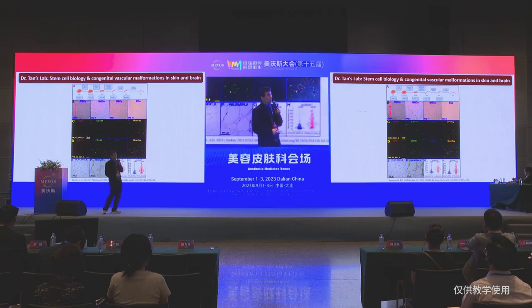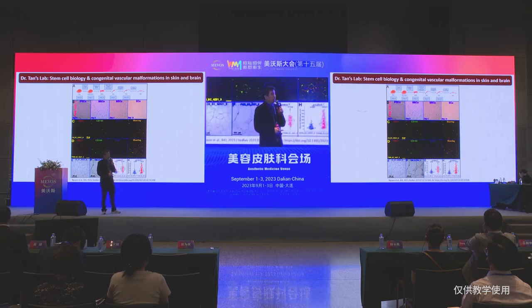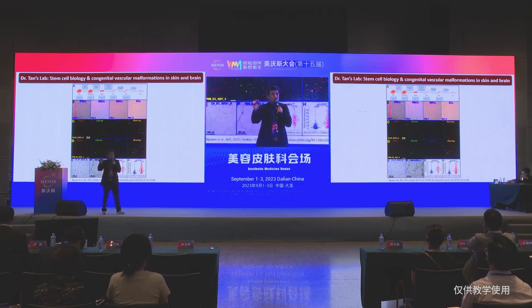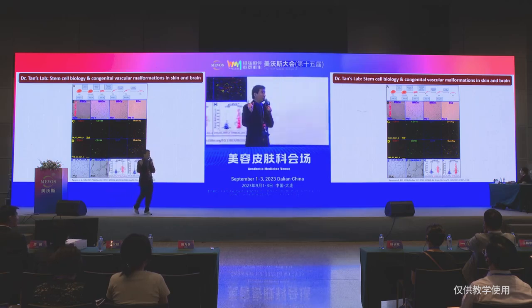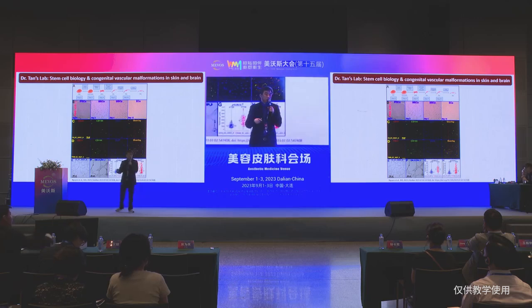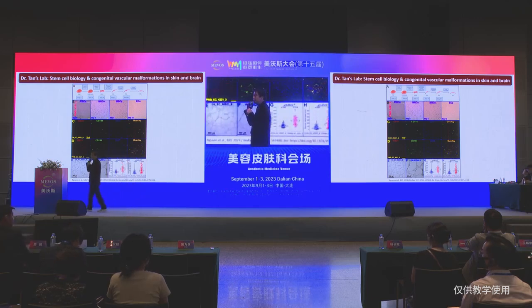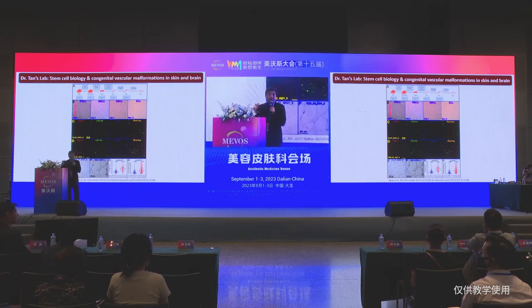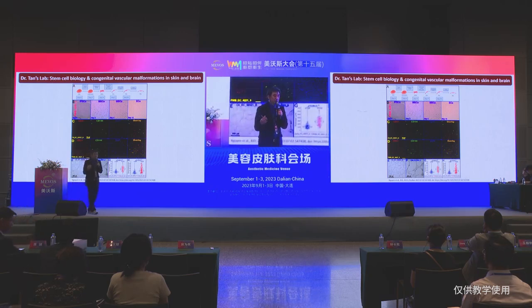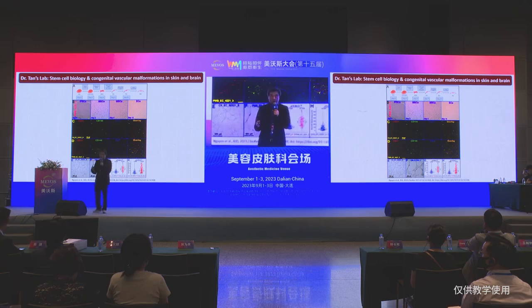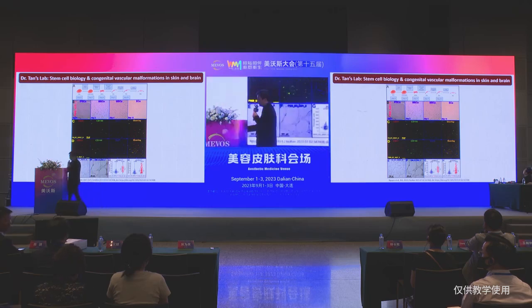When we put those patient endothelial cells on the gel, they form a much larger blood vessel-like structure and a thicker blood vessel wall than the controls. So this means the patient-derived endothelial cells and iPSC cells basically preserved the pathological features from the patients.